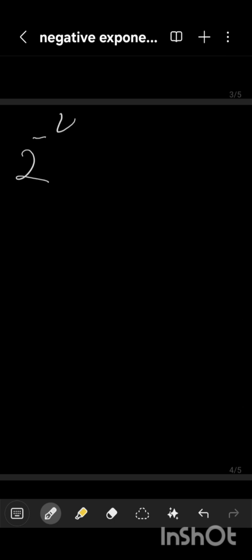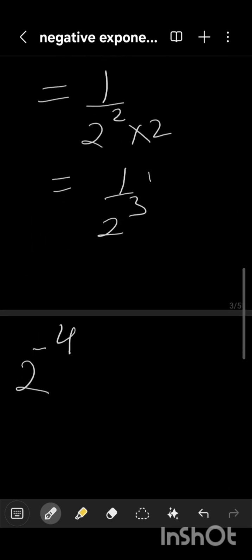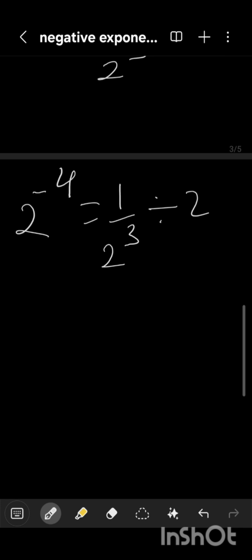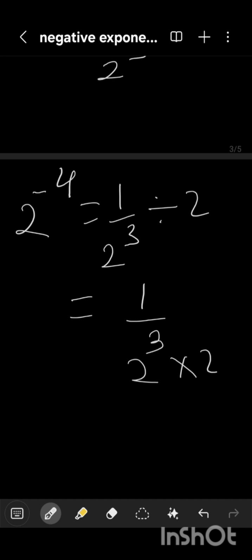So when I am doing it, you can try in your mind. 2 to the power minus 4. So what is the previous term? This. So 1 upon 2 cube divided by 2. 1 upon 2 cube divided by 2 can be written 1 upon 2 cube multiplied by 2, which is 1 upon 2 to the power 4.